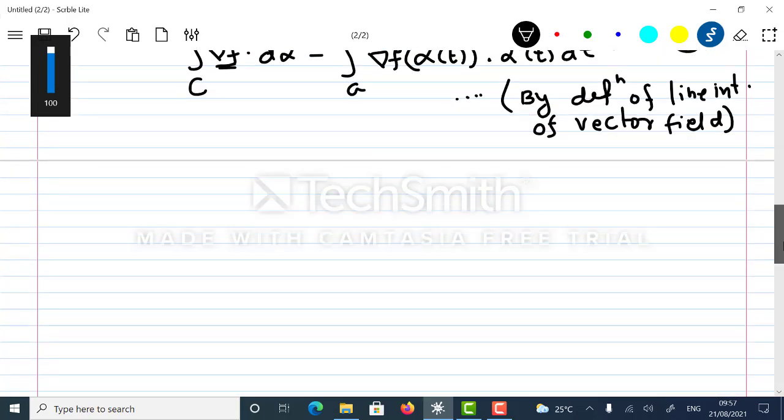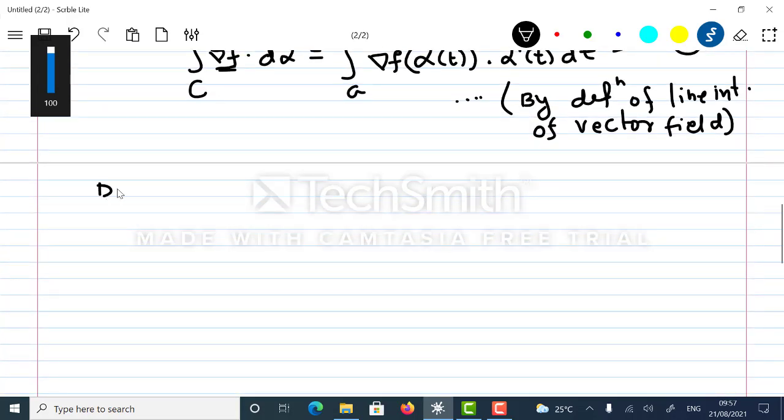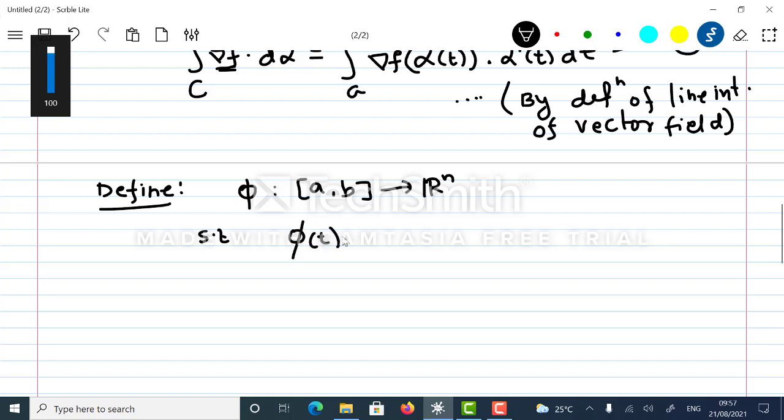Okay. Now we will be defining one more variable, phi, a function from closed interval A comma B to R, such that phi of t is equal to f composed with alpha of t. Now let's see whether this composition is possible or not.